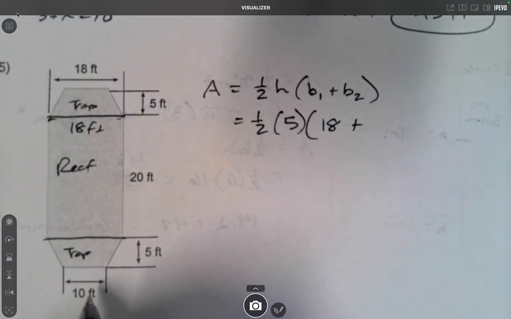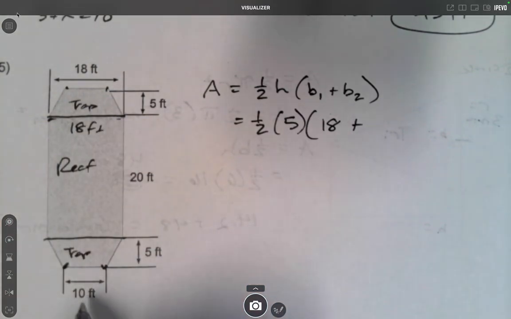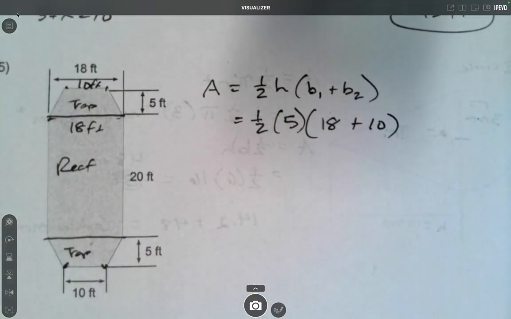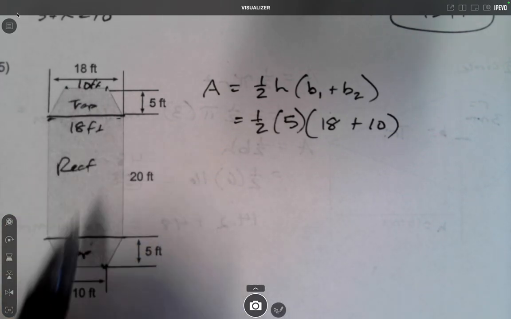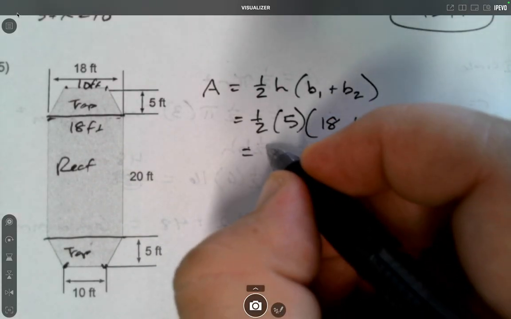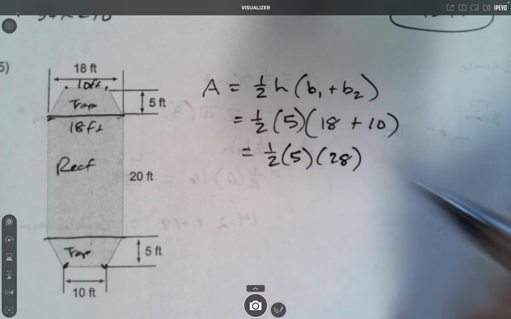And it's actually all the way down here, they tell us the distance of what up here is kind of the top piece, and that's 10 feet. So we've got one of the bases here, 18 feet, the other base here, 10 feet. So we get 1/2 times 5, 18 plus 10 is 28.